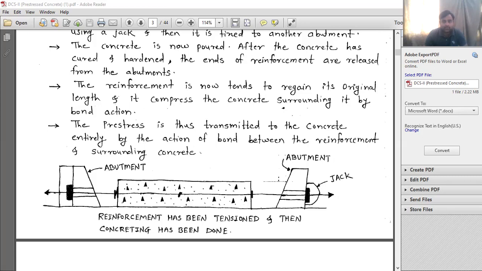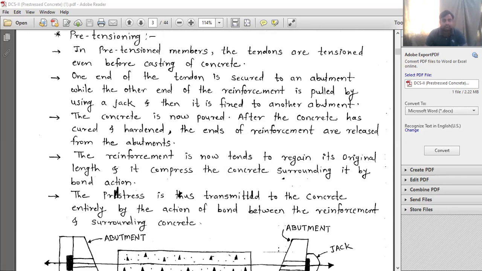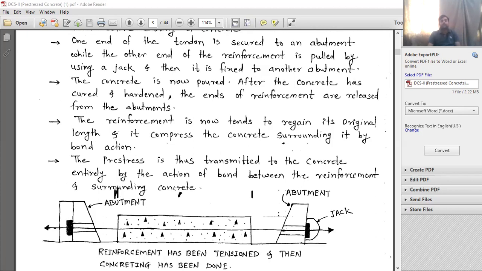This is your pre-tensioning. Is anybody having any problem in this pre-tensioning? Any doubt in this pre-tensioning system? Let me know. Anybody having any doubt? If no doubt is there, then you can tell me.